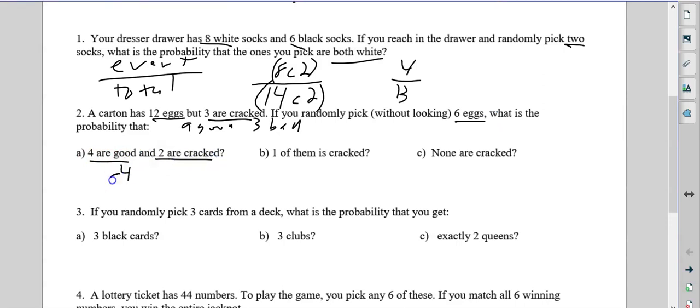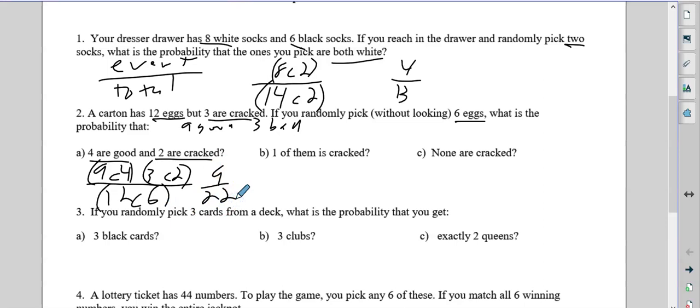Well, the 4 good are being chosen from the 9 good, and the 2 cracked are being chosen from the 3 that are cracked. But the total is you're picking 6 eggs from the 12. And when you do that, you get 9 over 22.